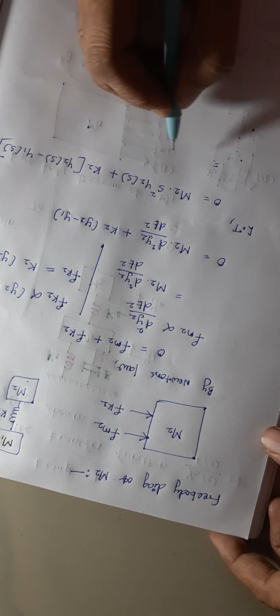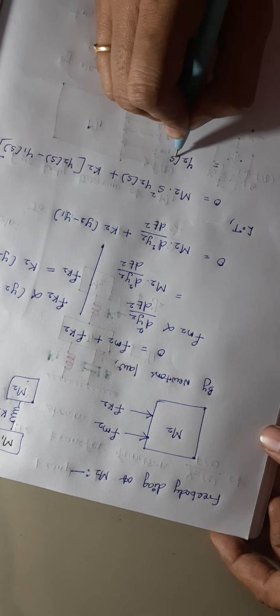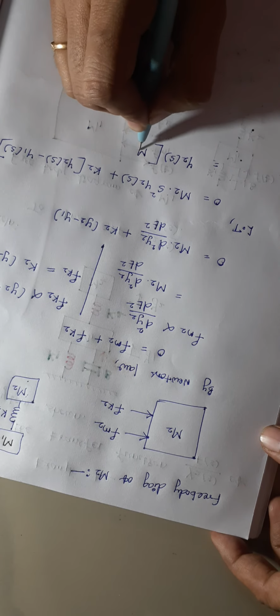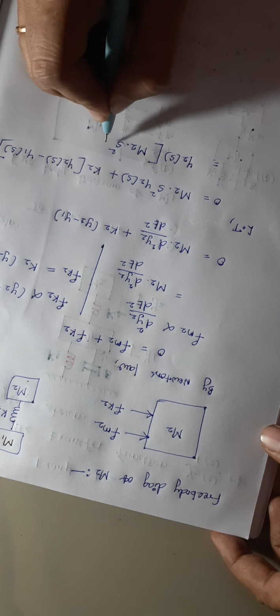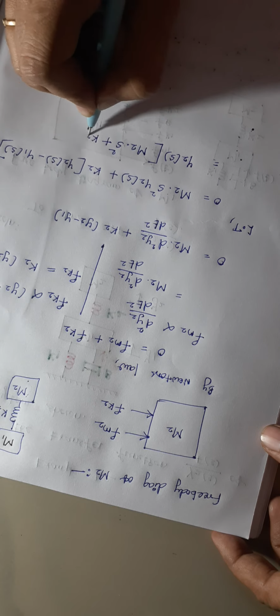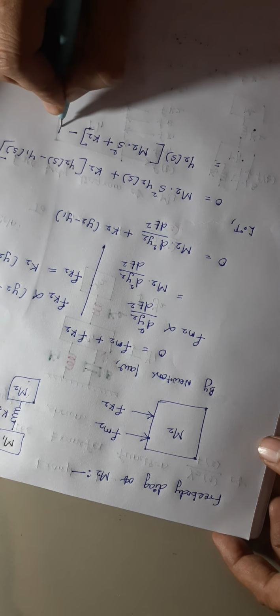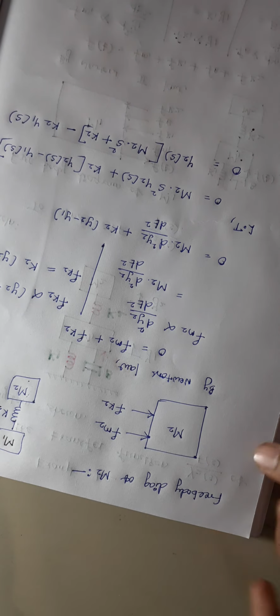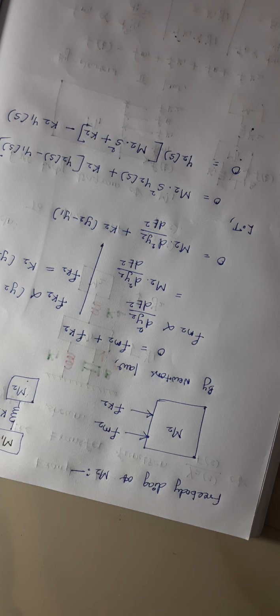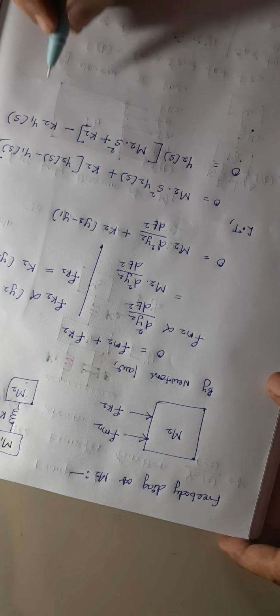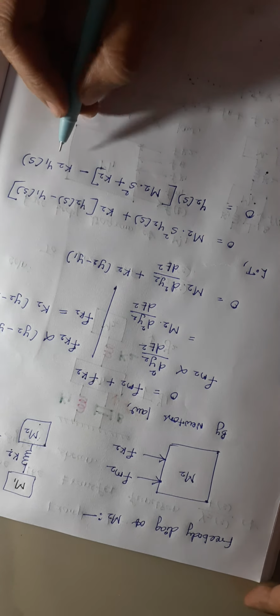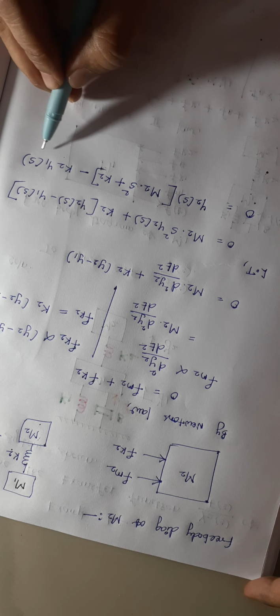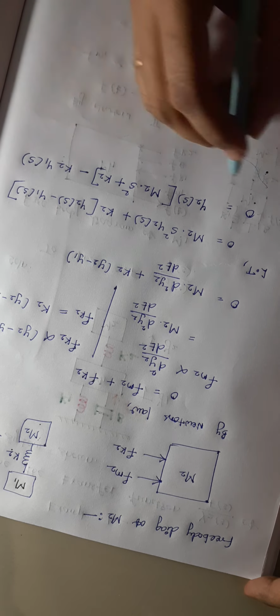So just again rearrange the terms. When you take y2 of s commonly outside, the remaining term will be m2 s square plus k2, and again minus k2 into y1 of s, and this is equal to 0. So here I am rearranging this expression. When you bring this minus k2 y1 of s to this side, that becomes positive.